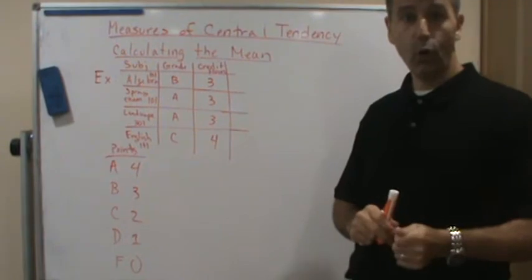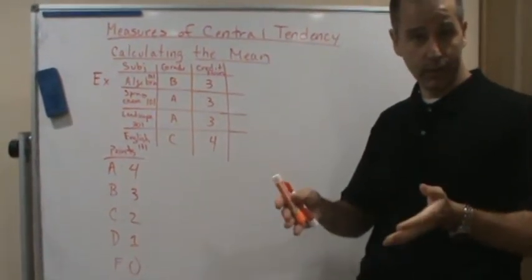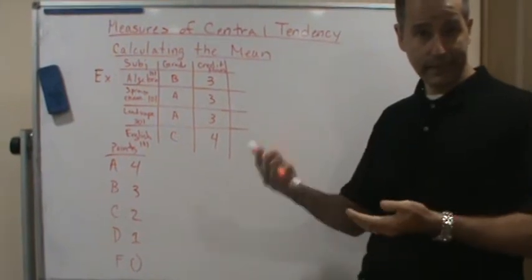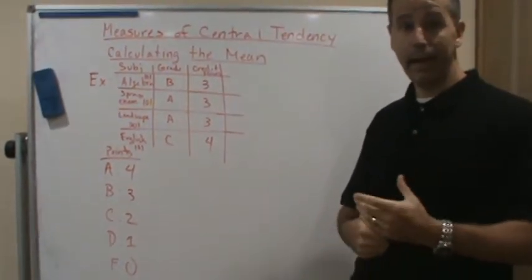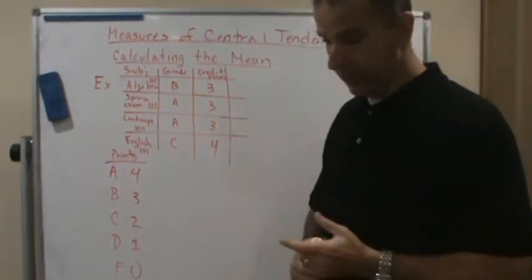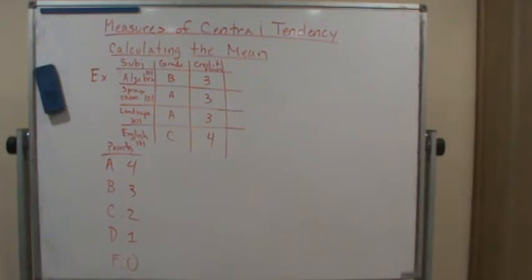Okay? So how do we find the GPA? We find the total number of points earned for a semester based on the classes that you took, and then we divide that by what? The number of possible points, or the number of credit hours.